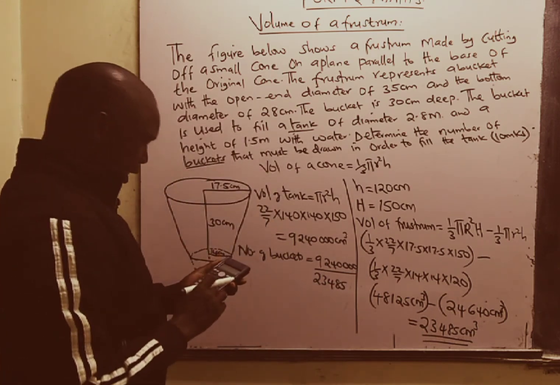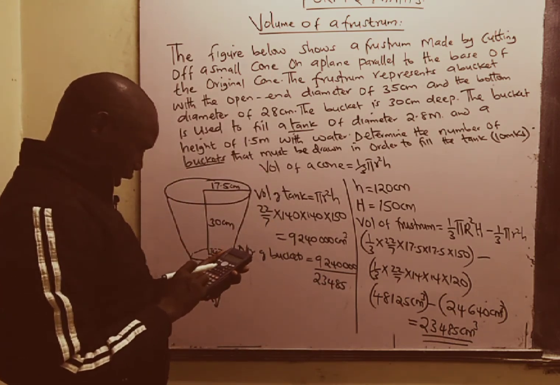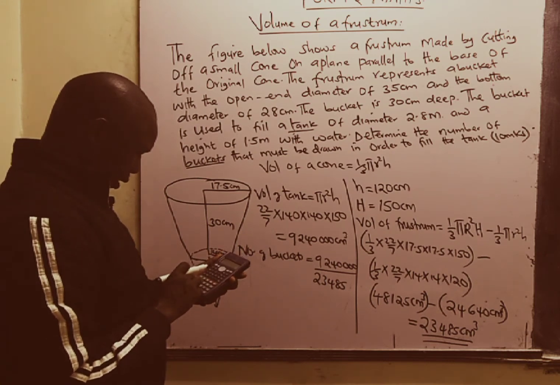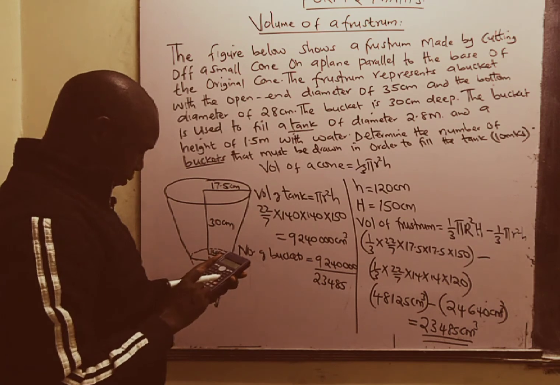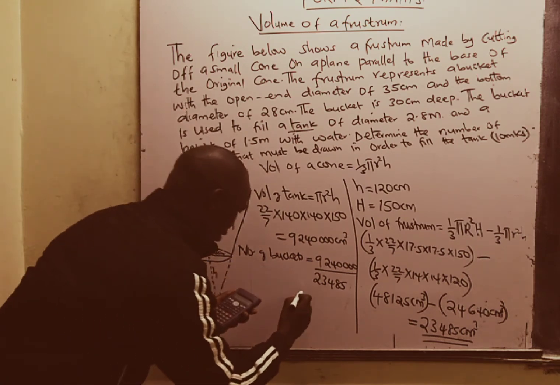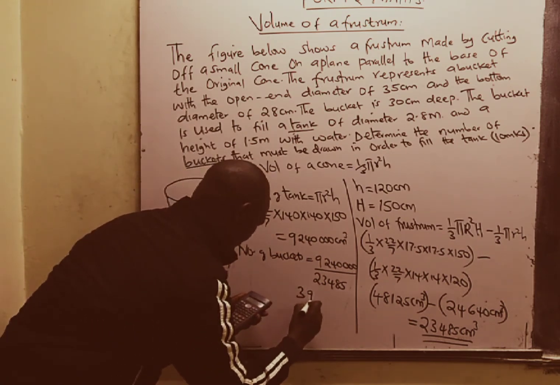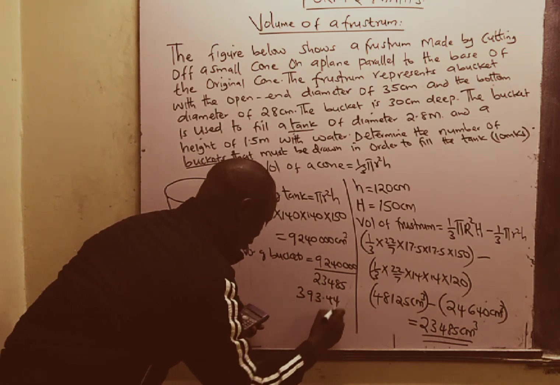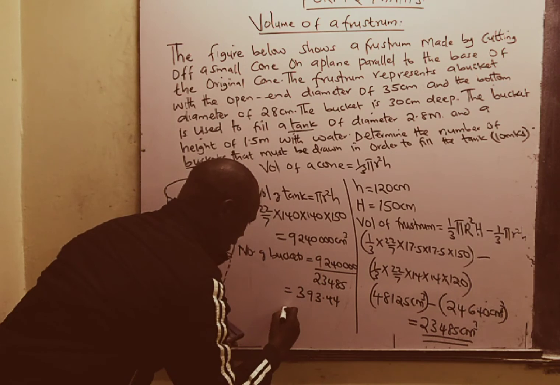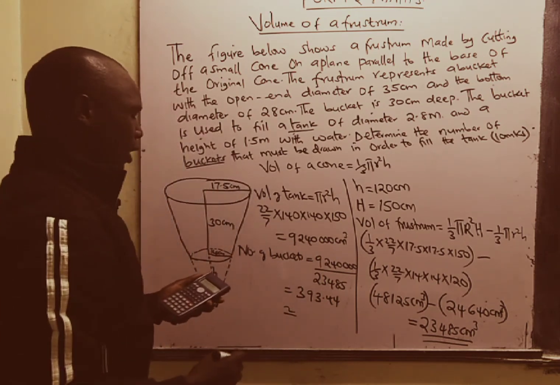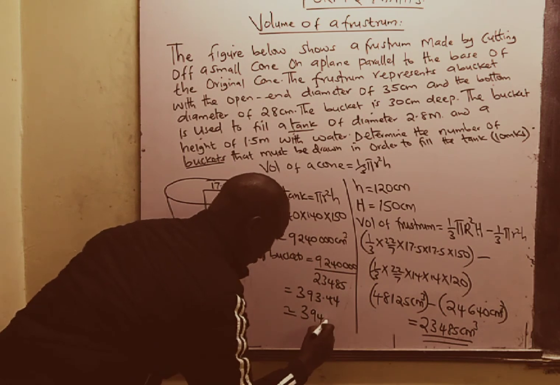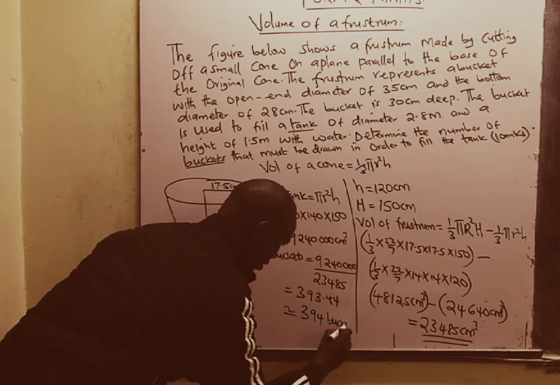If you take 9,240,000 and divide by 23,485, we are going to get 393.44, which is going to be rounded up to exactly 394 buckets.